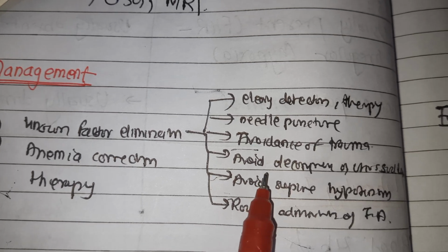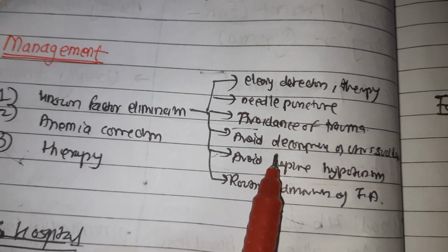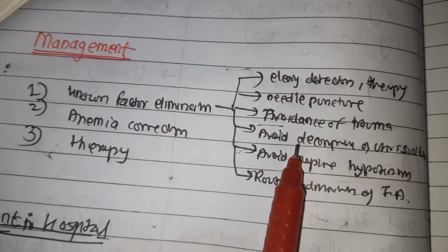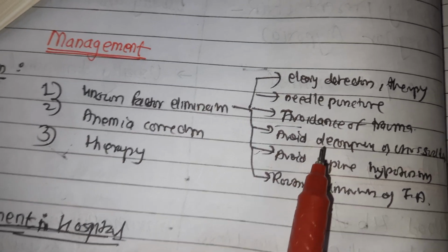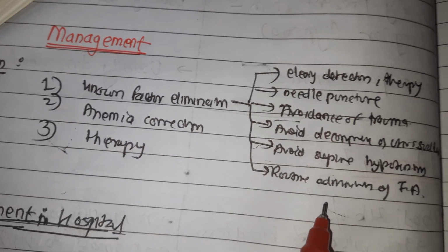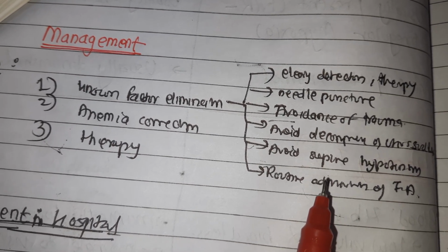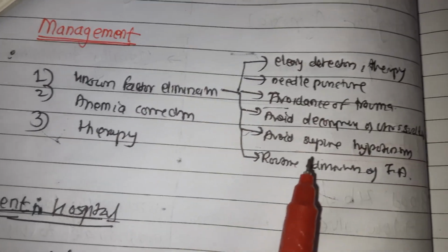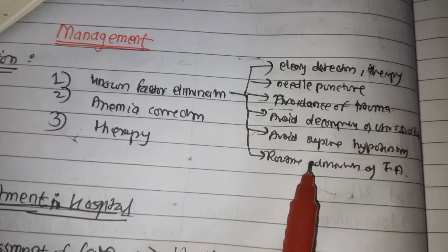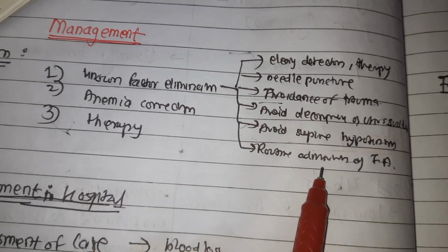There should be avoidance of sudden decompression of the uterus in acute and chronic hydramnios. Amniocentesis is preferable to artificial rupture of membrane. To avoid supine hypotensive syndrome, the patient is advised to lie in the left lateral position in the later months of pregnancy.